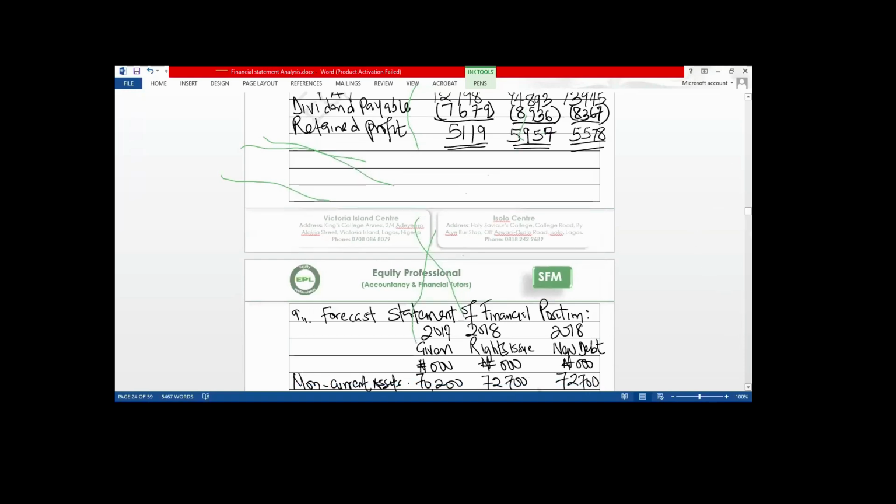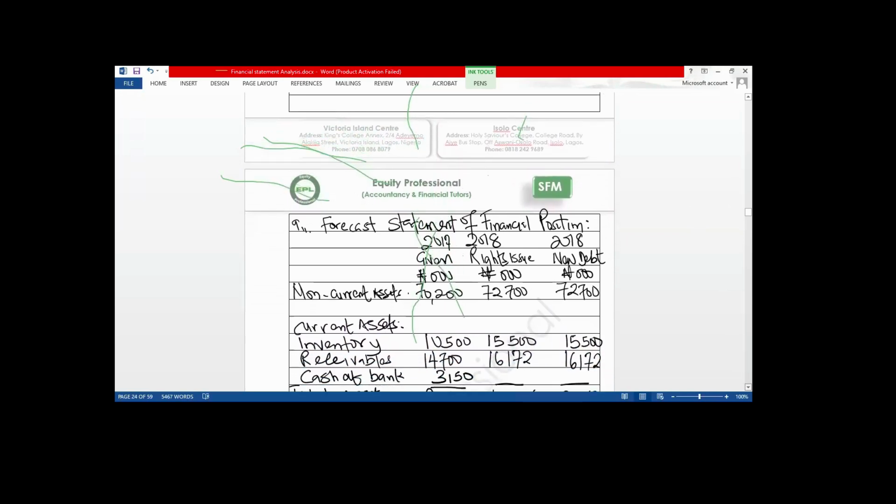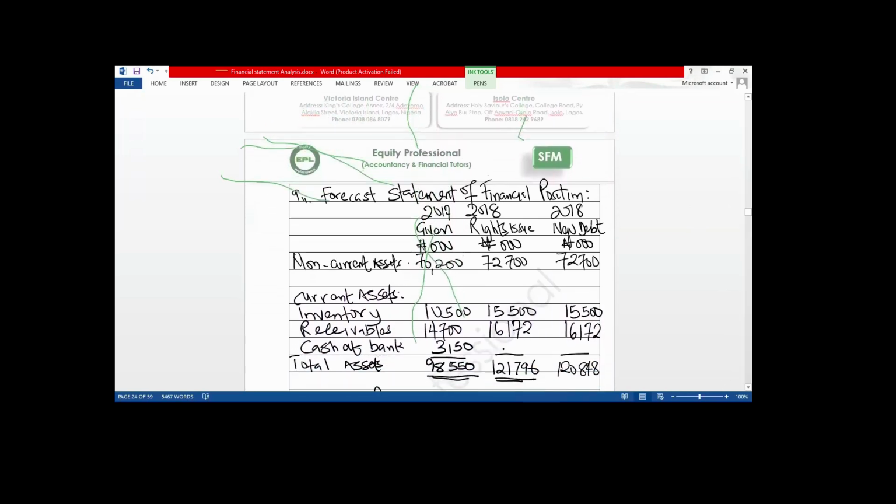Your balancing figure is your cash. Look at this figure here. The figure here is missing. That means you are going to add 72,700 plus 15,500 plus 16,172 minus 121,796.